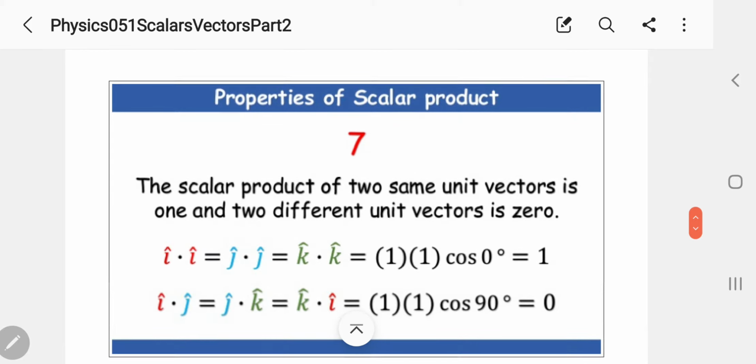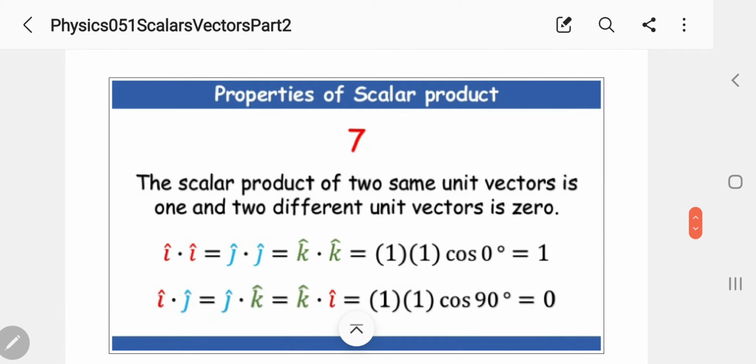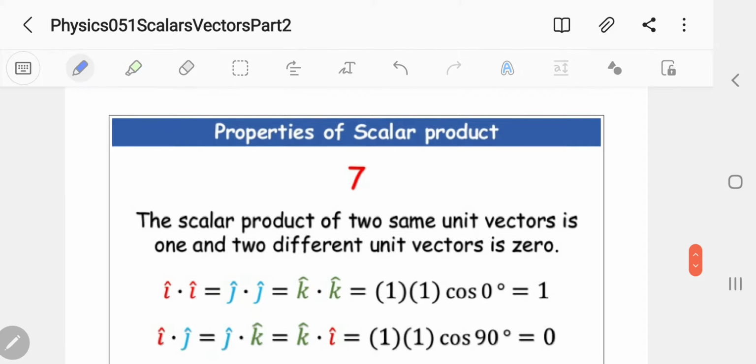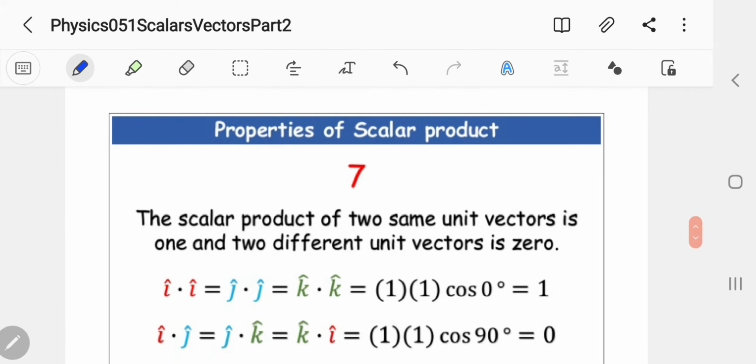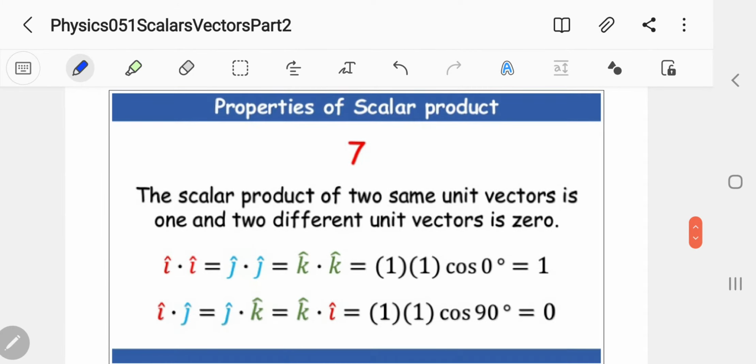So let's look at the dot product of the unit vectors. I dot I is parallel, and J dot J is also parallel, so this is 1 times 1 cosine 0, which equals 1. But if you dot I with J, or J with K, or K with I, this is 1 times 1 cosine 90.